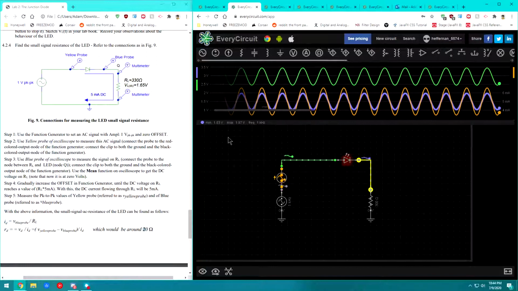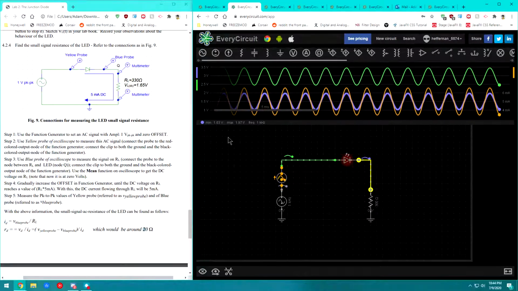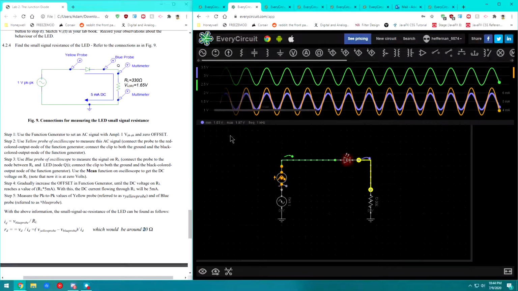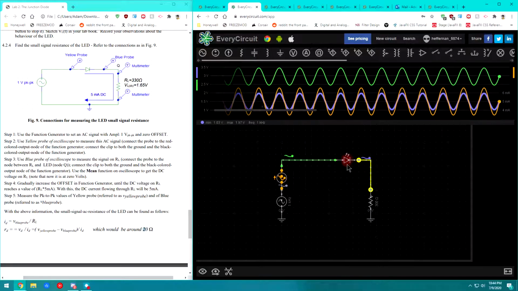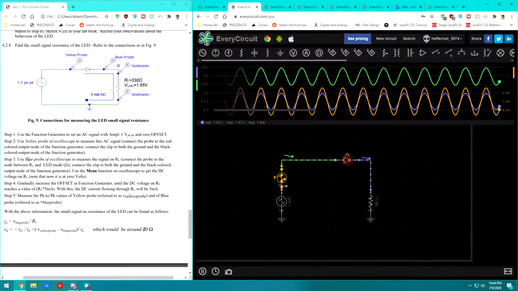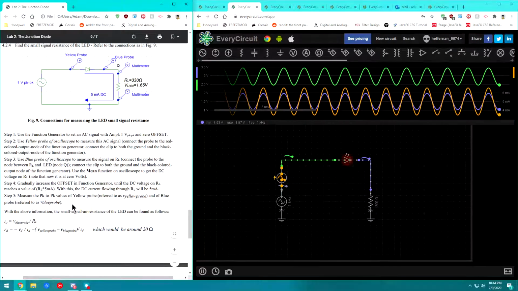So millivolts divided by milliamps will give us a resistance in ohms. And that resistance that I just found for my particular LED here is 19.06 ohms. So that is pretty much spot on to what it should be.